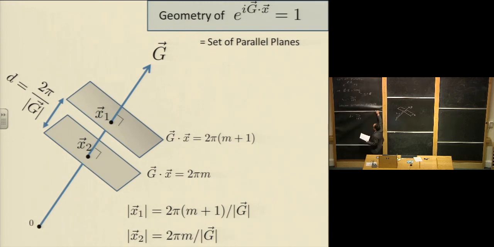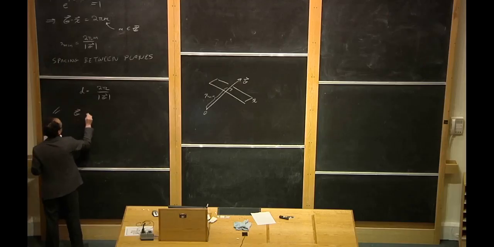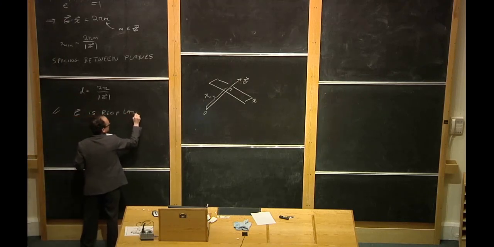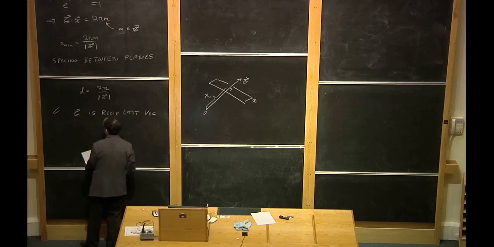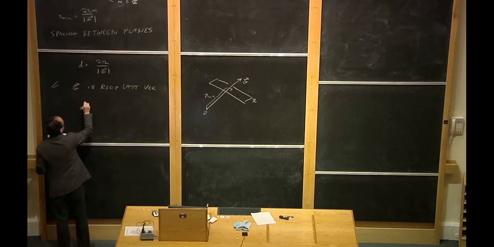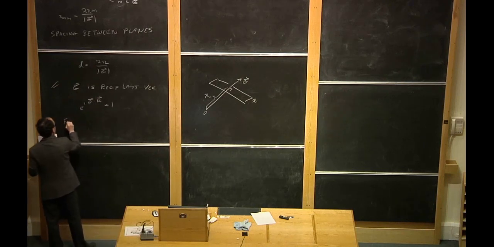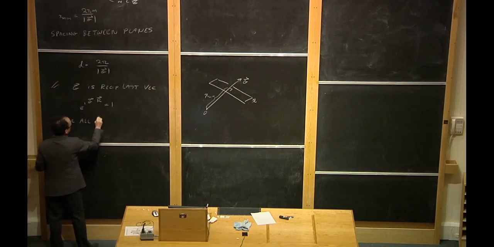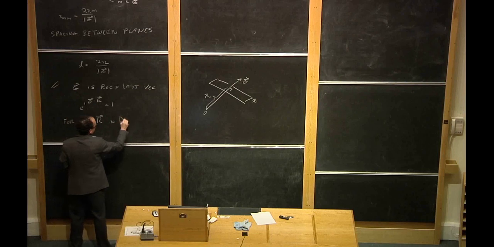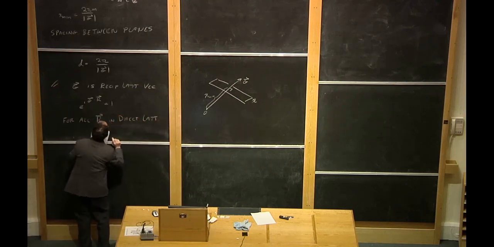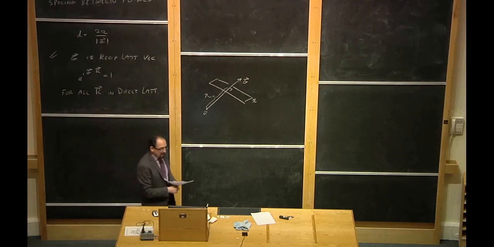So now recall that if G is a reciprocal lattice vector, then e to the i g dot r equals 1 for all r in the direct lattice. That's our definition of the reciprocal lattice.